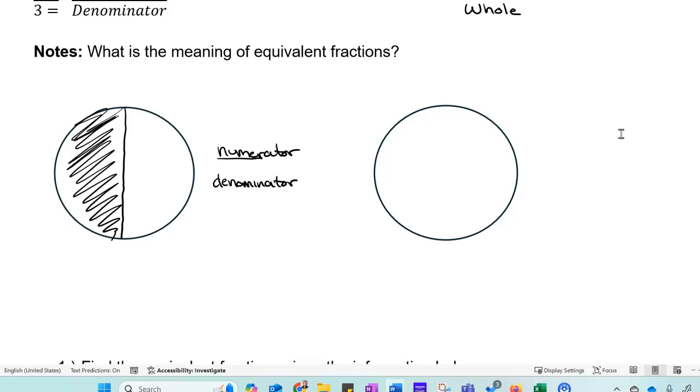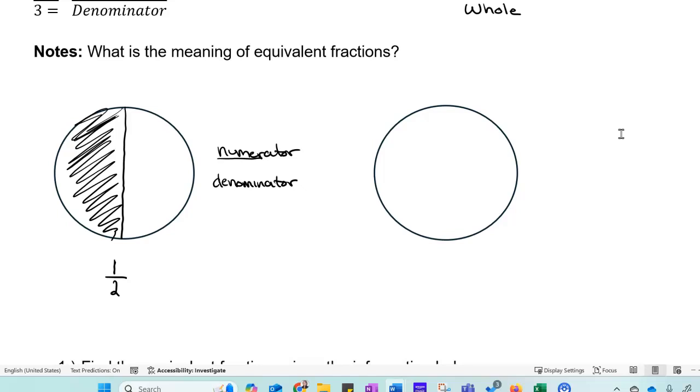So in this first example, the denominator is 2 because there are 2 total pieces that pie was cut into. Now I've shaded part of that, so that shaded part refers to one of those 2 pieces. So that's what a fraction is, right? The number on the bottom is the total number of pieces.